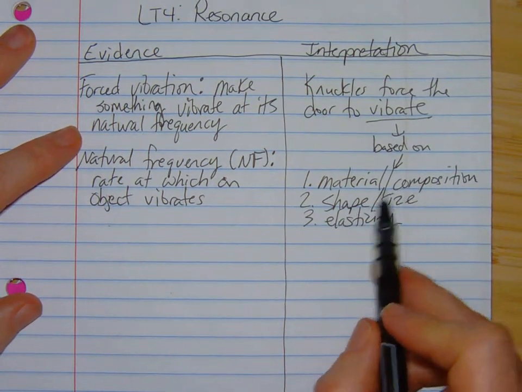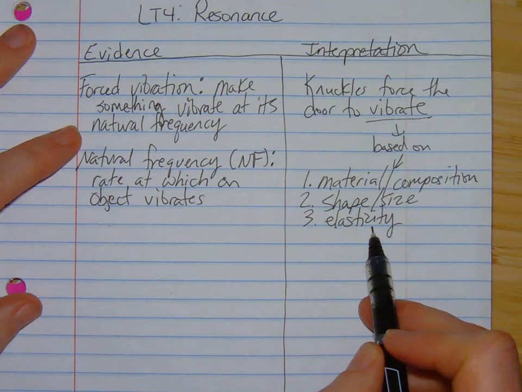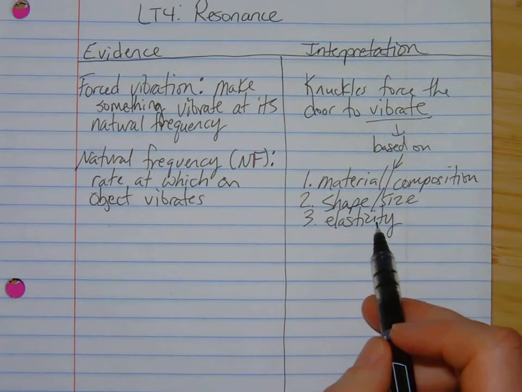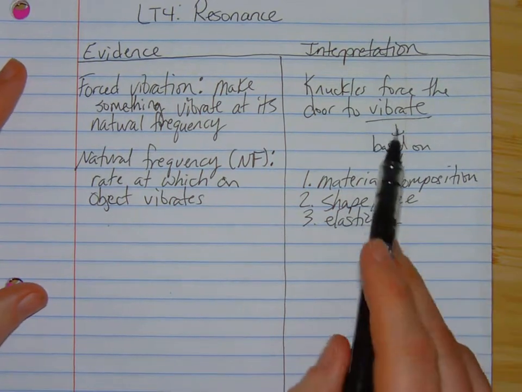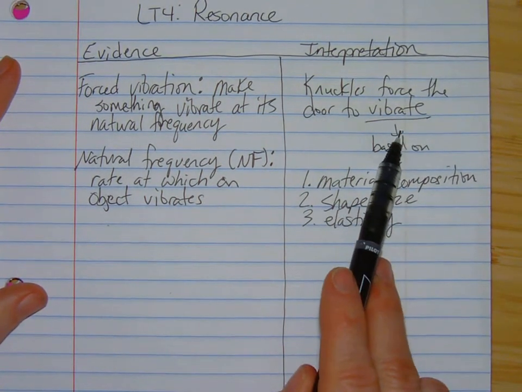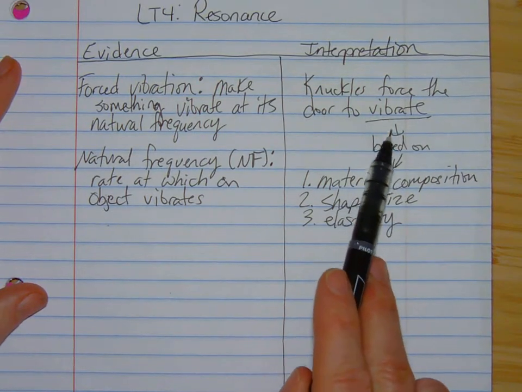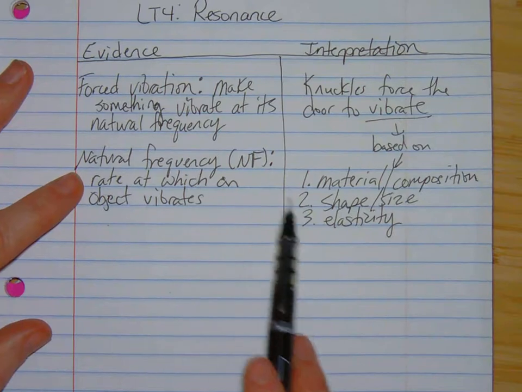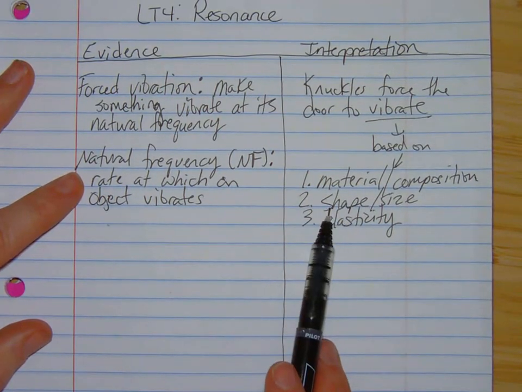Is it a steel door? Big door, skinny door? Is it very elastic? Okay, is the material elastic? Is it glass versus steel? It's going to be very different. Okay, so the knuckle part, that's the forced vibration, and that forced vibration causes it to vibrate. Once it vibrates at this natural frequency, which is determined by all of these things.